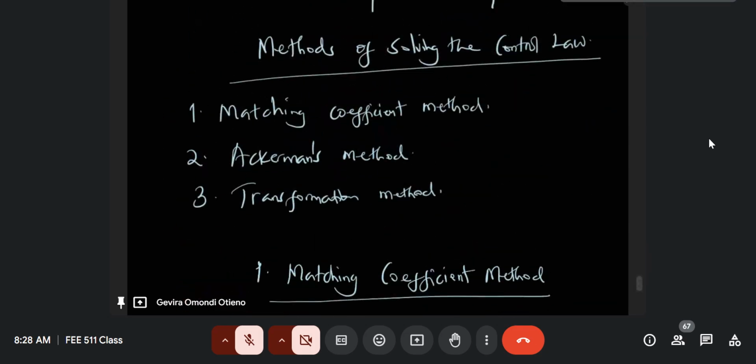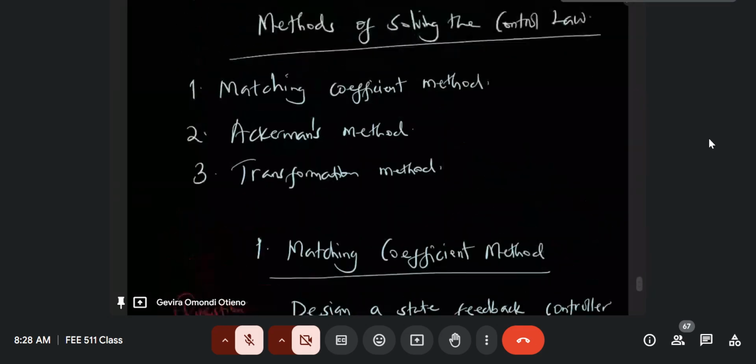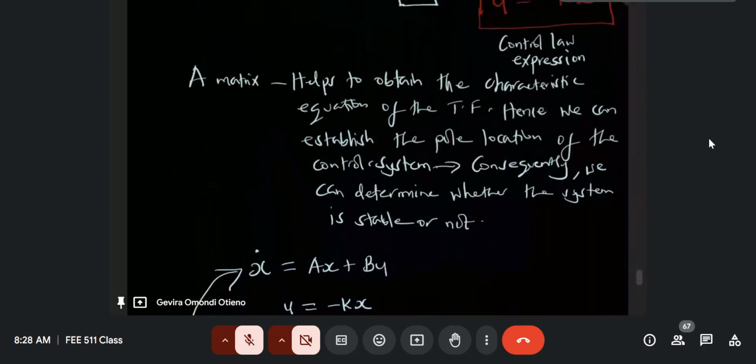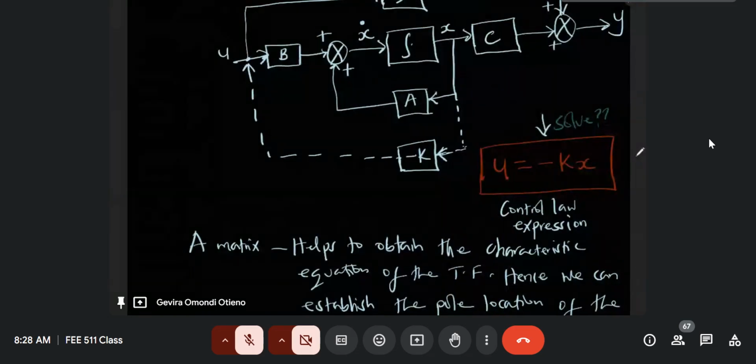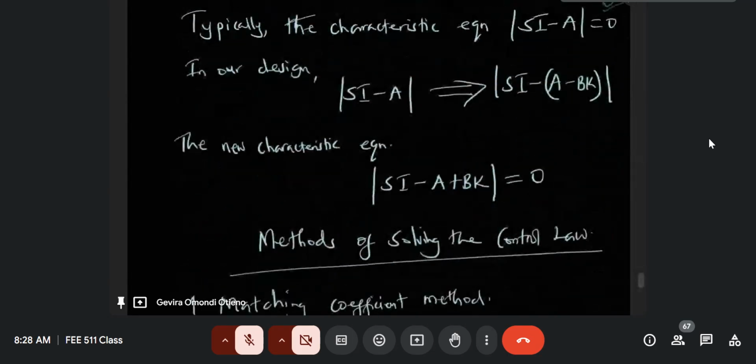Now, remember, we are calling it a state feedback controller because you can see from our representation here that the control law is a feedback system. We are feeding back the -k into the input. So that's why it's a feedback controller. Some books, if you read Ogata for example, call it pole placement via feedback controller, because you're using the feedback to place a pole into your control system so that you obtain the desired expression that you want.